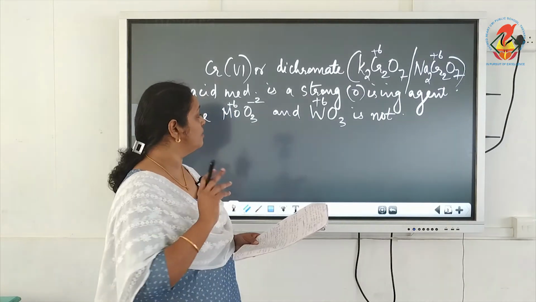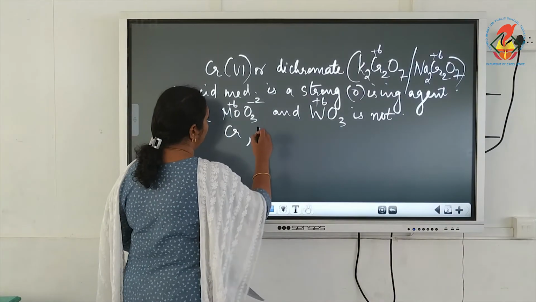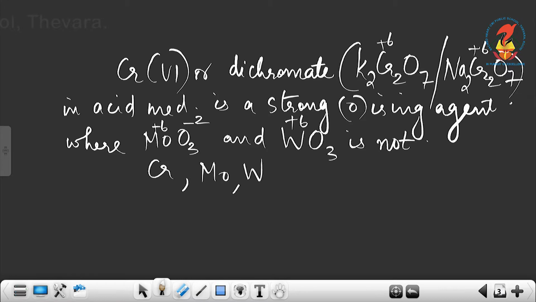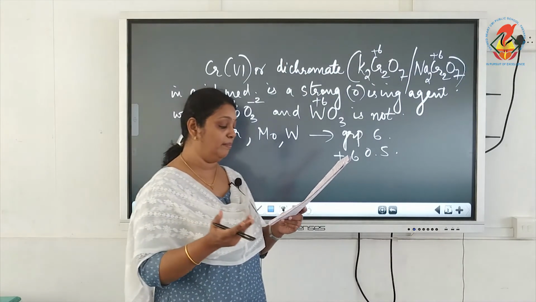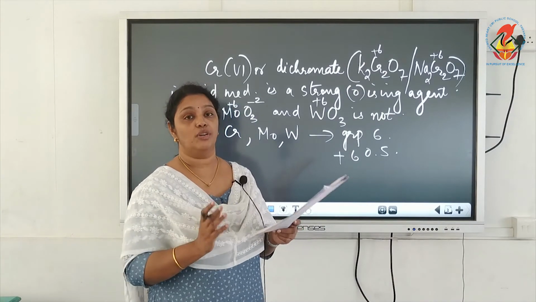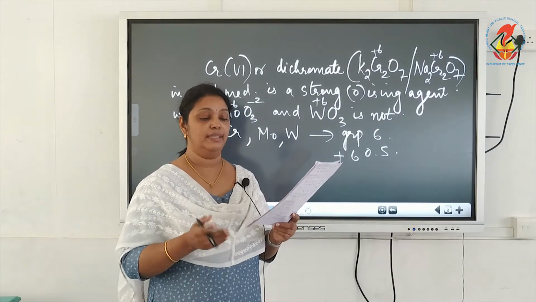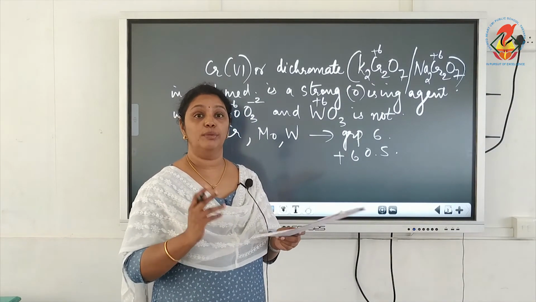Now we know that chromium, molybdenum and tungsten all belong to the same group. They belong to group 6 of the periodic table and they are all in +6 oxidation state. But we know that molybdenum 6 and tungsten 6, being heavier members, their +6 oxidation state is more stable than chromium 6. So what will chromium 6 do?